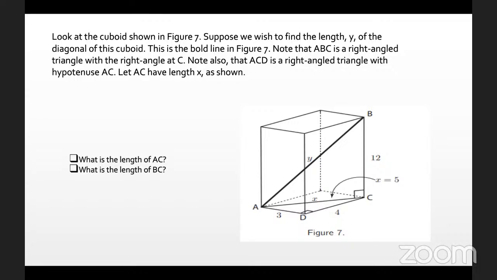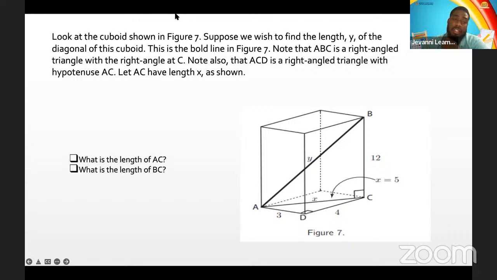But before that, let's give them the easier one, the length of BC. We all should be able to look at that diagram and find the length of BC. And then we can move on to the length of AC. So BC, you can type in the chat, or you can turn on your microphone and speak to us.